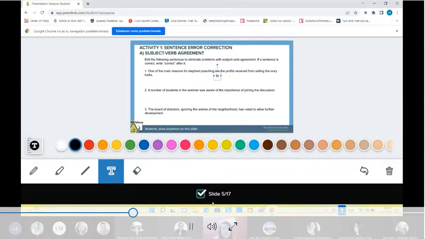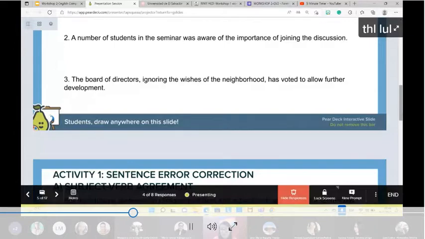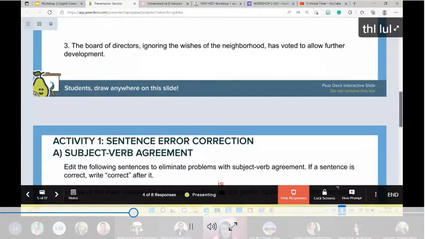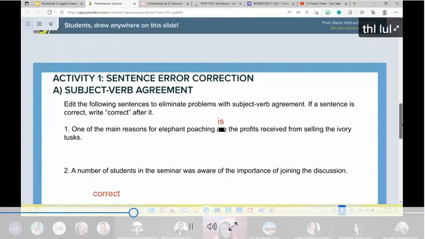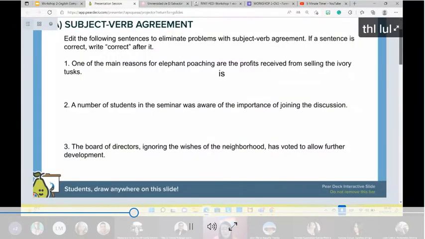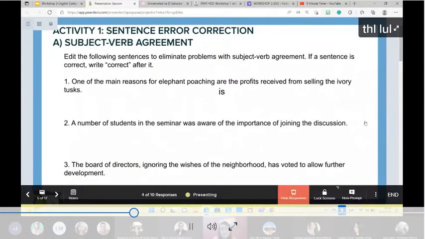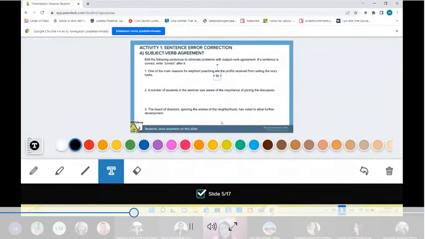I will go back and check if somebody has. Not yet. Not yet. Okay. A number of students were aware. You have plural, students.